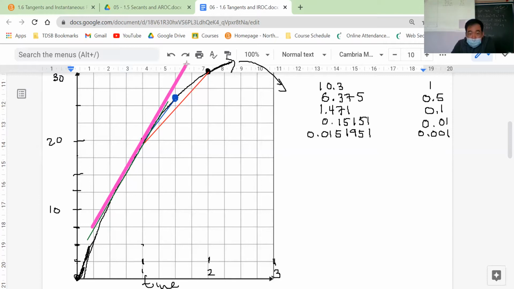There it is. Okay, so the final tangent, again, it started off steep enough, but as we got closer and closer to the time of 1, it became more and more accurate. It's just what I wanted to investigate.